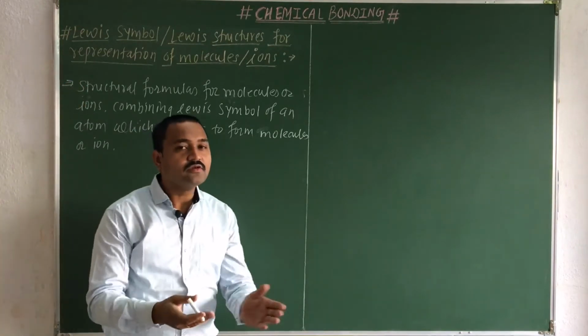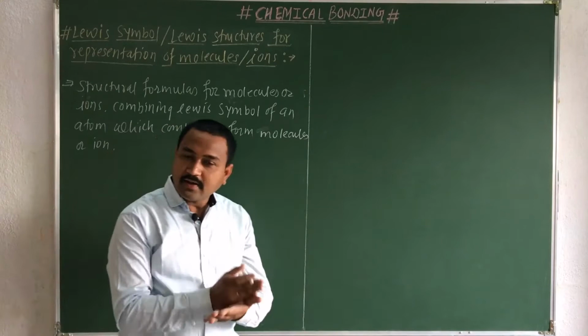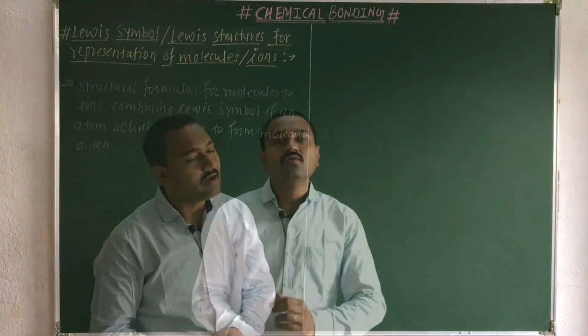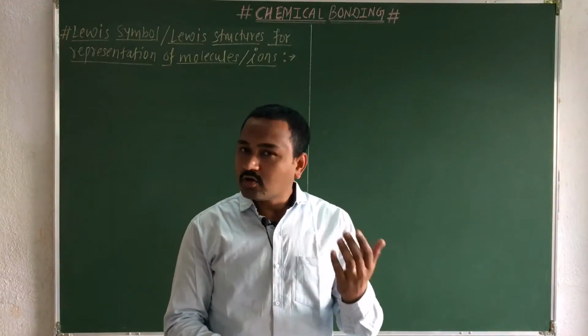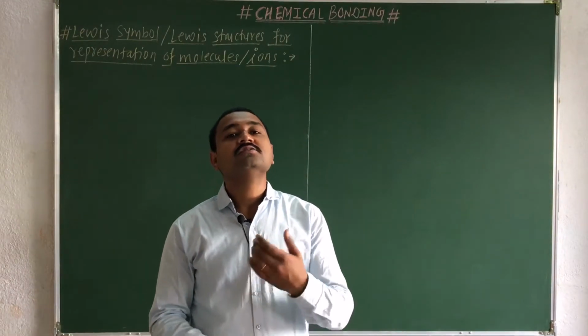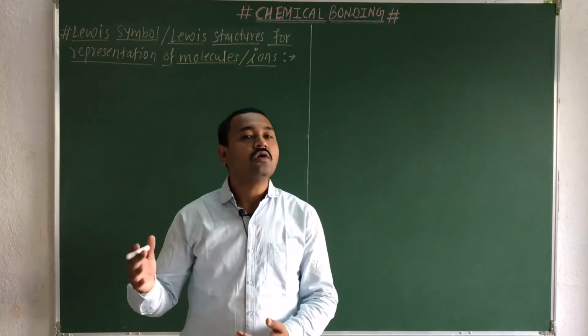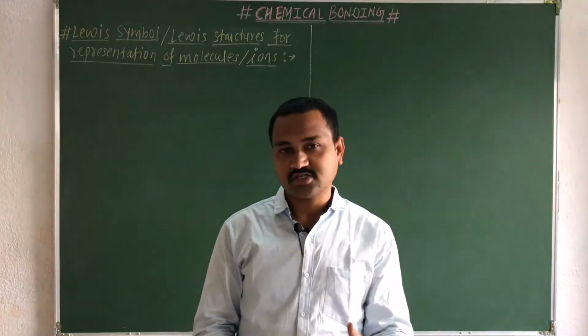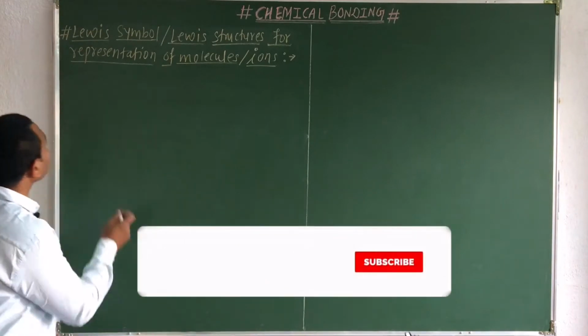We are doing nothing new here. We are just going to combine the symbols of atoms in a molecule or ion, which is generally called an electron dot structure, or an electron dot formula, or a Lewis structure. So this is the point you must remember.